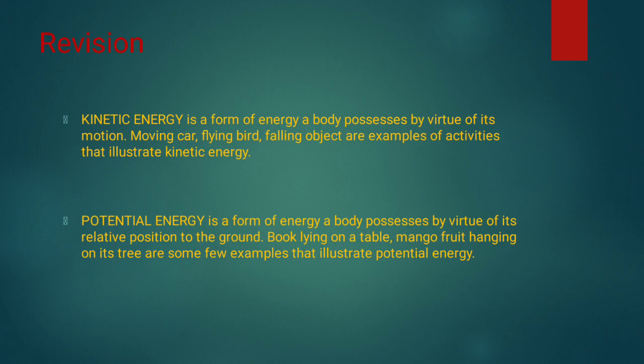By way of revision, we learned in our earlier lesson forms of energy, including kinetic energy and potential energy. We said kinetic energy is a form of energy a body possesses by virtue of its motion.